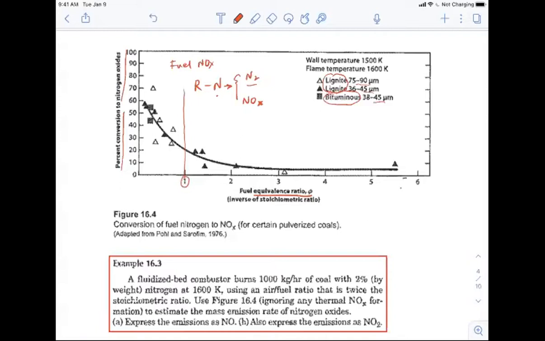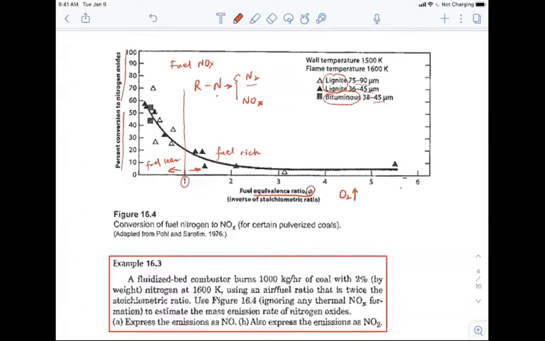Now, what does this curve mean? You see that if you decrease the fuel equivalence ratio, what that means is that you increase the oxygen concentration, right? Below 1, this is fuel lean. Above 1, this is fuel rich.